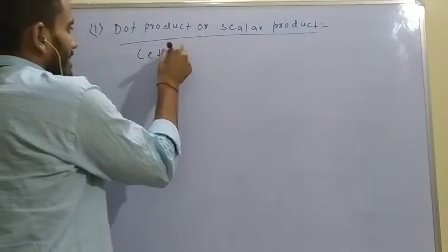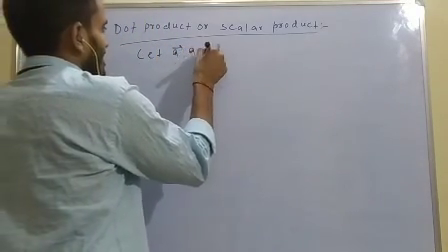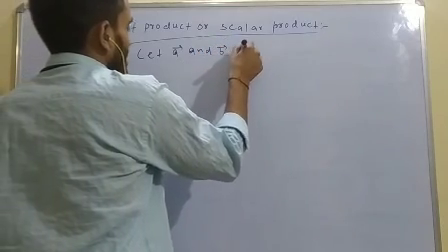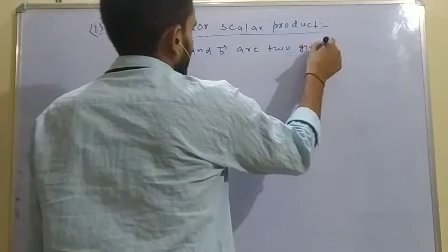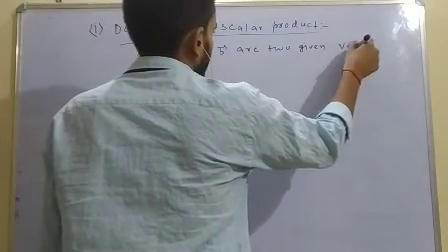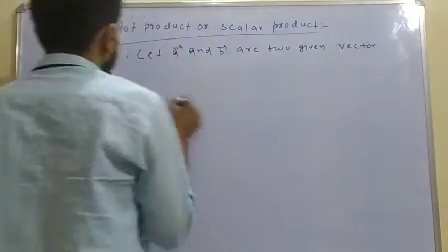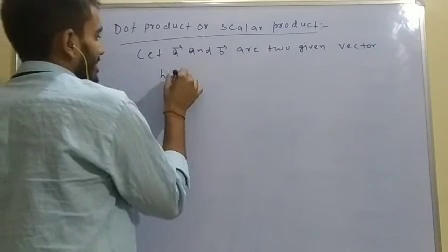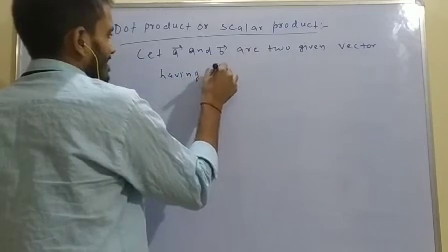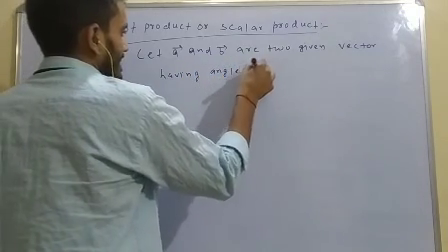Let vector A and vector B be two given vectors having angle theta between them.